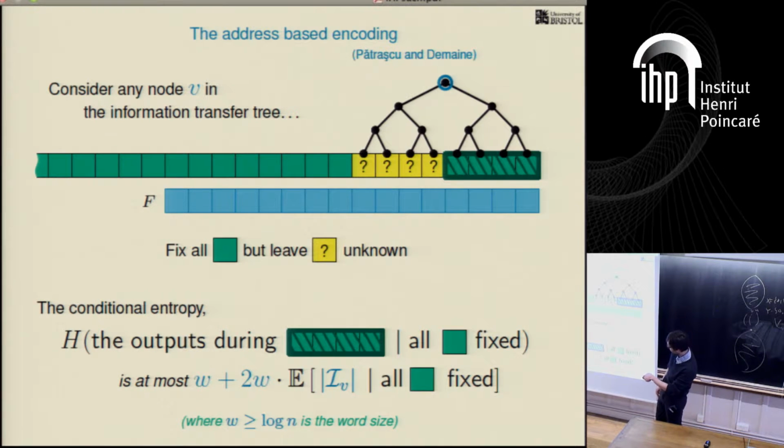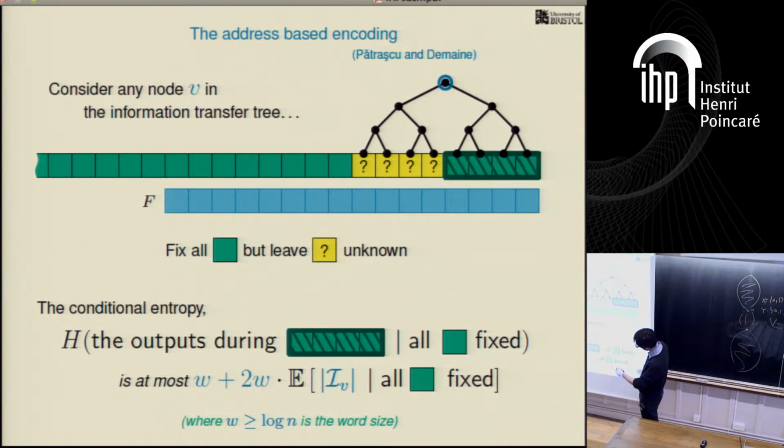So we've linked the entropy of the answers to the information transfer. So now if we give lower bounds on this conditional entropy, we have given lower bounds on the information transfer. Okay. So that's going to be the game. We're going to produce lower bounds on this by producing lower bounds on this.